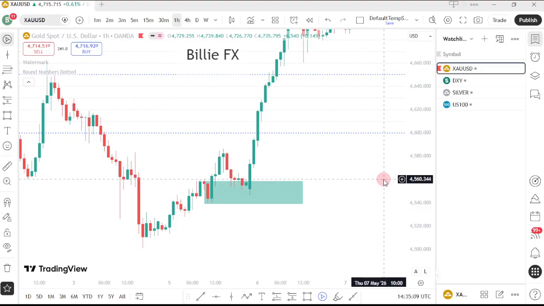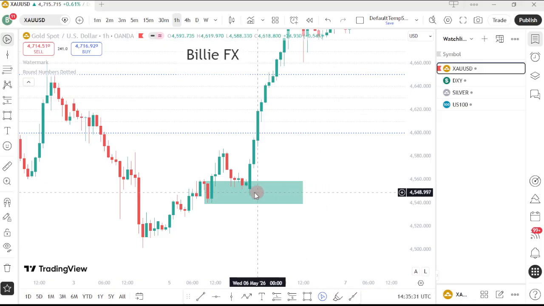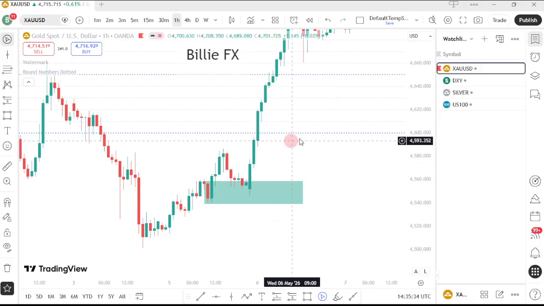that is 4,560.344, right? So because that is a round number, it's a psychological level. So you can put your limit order there and wait for the market to tap it and you move along with them. Or if you think that the risk reward ratio does not favor you, you can move it a little bit below, like this. The next psychological level is 50. You can see the price also came to the 50 portion, tapped into the zone and started moving up.